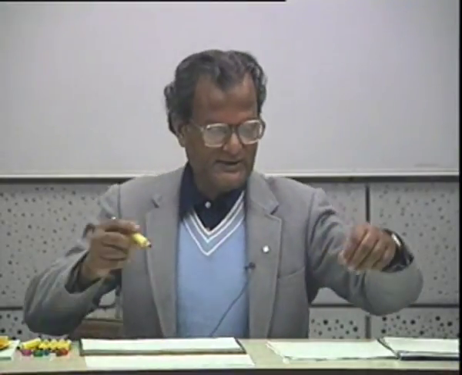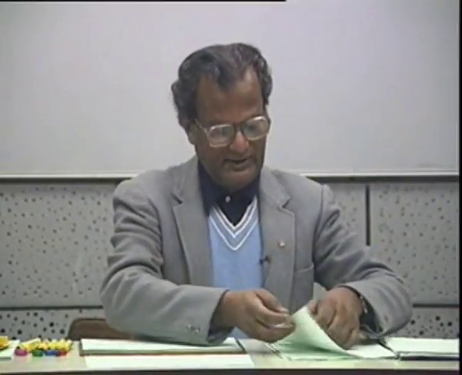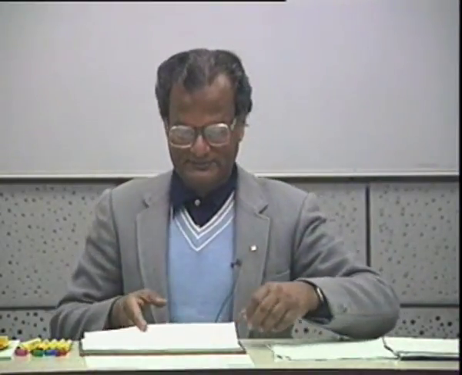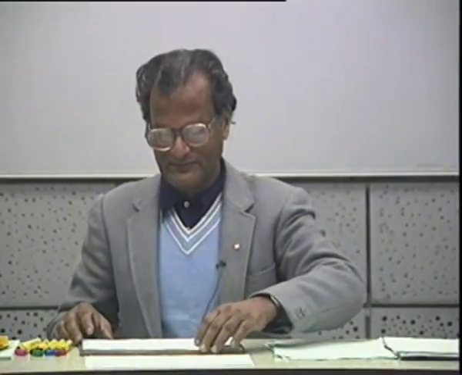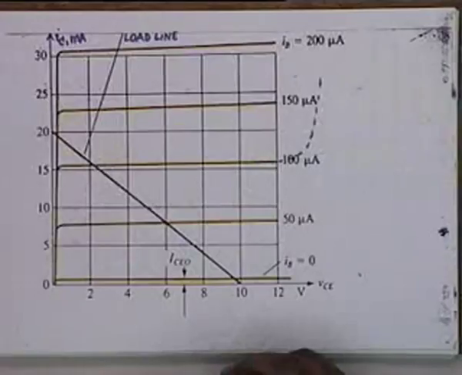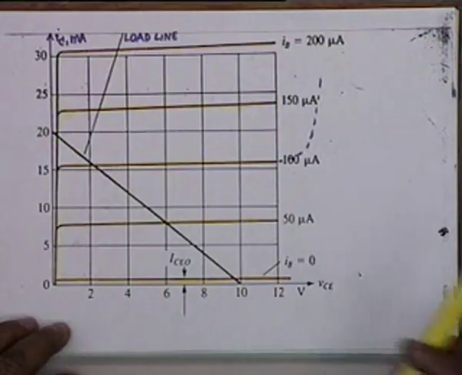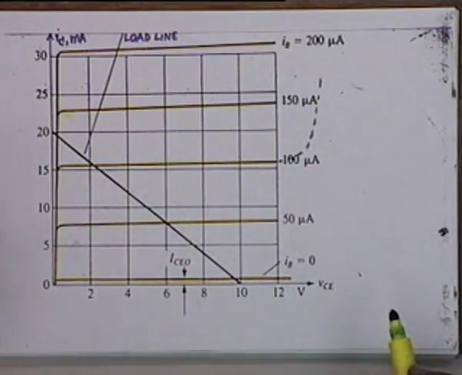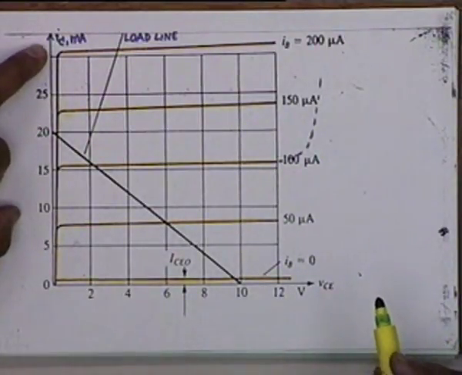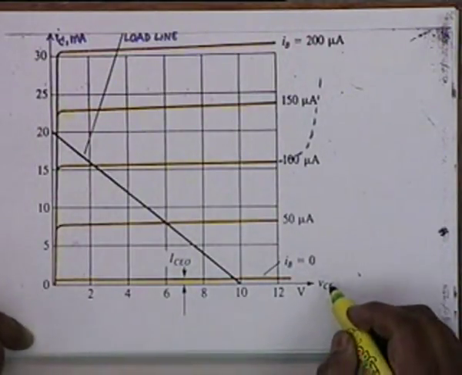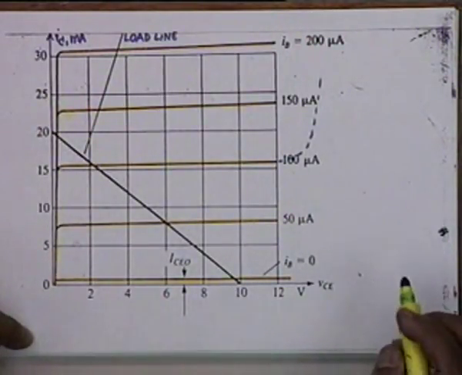Now a typical transistor characteristic will look like this. Is the picture clear on the monitor? Okay. This is a typical transistor characteristic where what we plot is I sub C, the collector current, in milliamperes versus VCE.